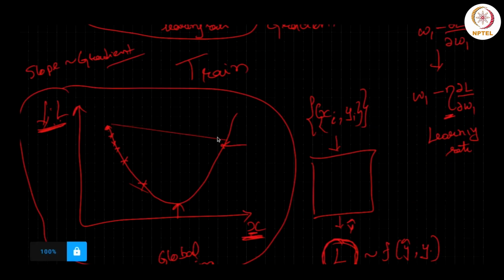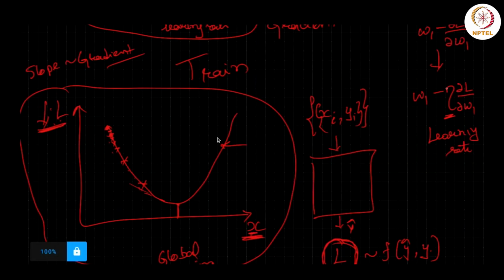And it should not take infinitely small steps either. The problem with taking very large steps is that you keep oscillating between very high values of loss, and taking very small steps means you will reach the final endpoint very, very slowly, right?